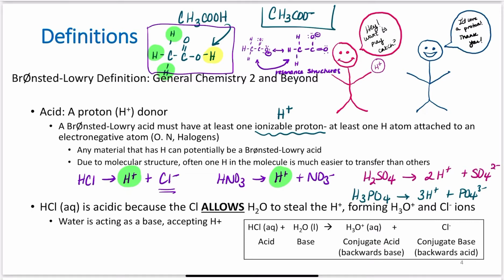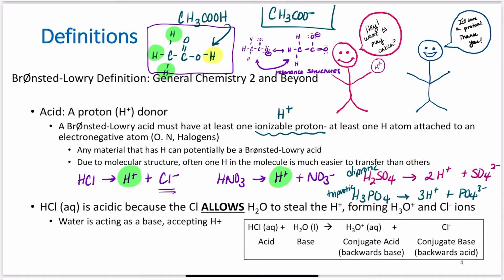Now, it doesn't happen at one time. It doesn't donate all those protons at the exact time. There's different points in the reaction where we'll donate all 3, and we're going to talk about that. Some protons are easier to remove than others, but they can, and it's diprotic, meaning 2 protons, triprotic, meaning 3 protons.